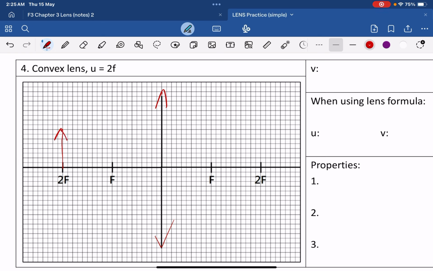And then we draw a horizontal line, and then pass through the focus. Okay. This is the first light ray. The second light ray is to draw a line passing through the center of the lens.